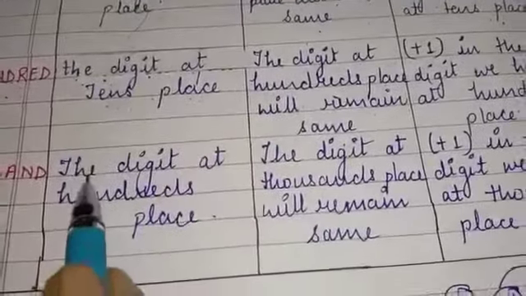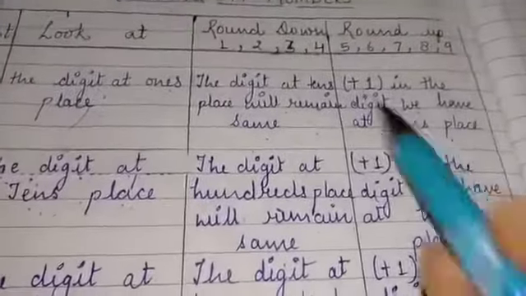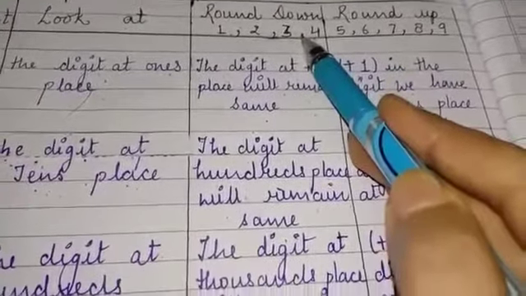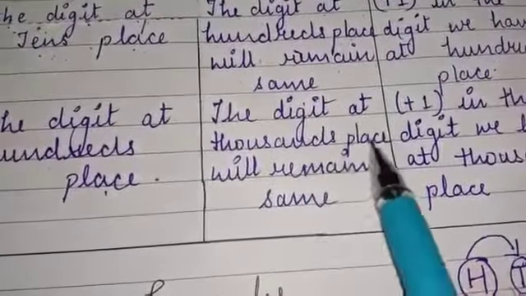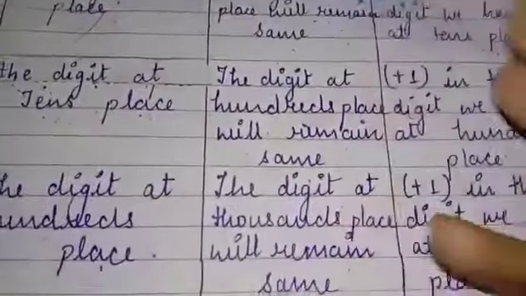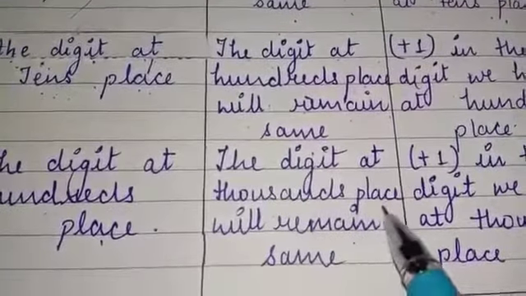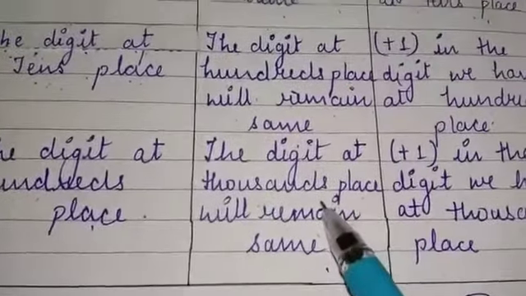Okay, so first we will look at the digit we have at 100 place, and if we get 1, 2, 3, 4 at 100 place, the digit at the 1000 place will remain same. There will be no change in the digit we have at 1000 place.